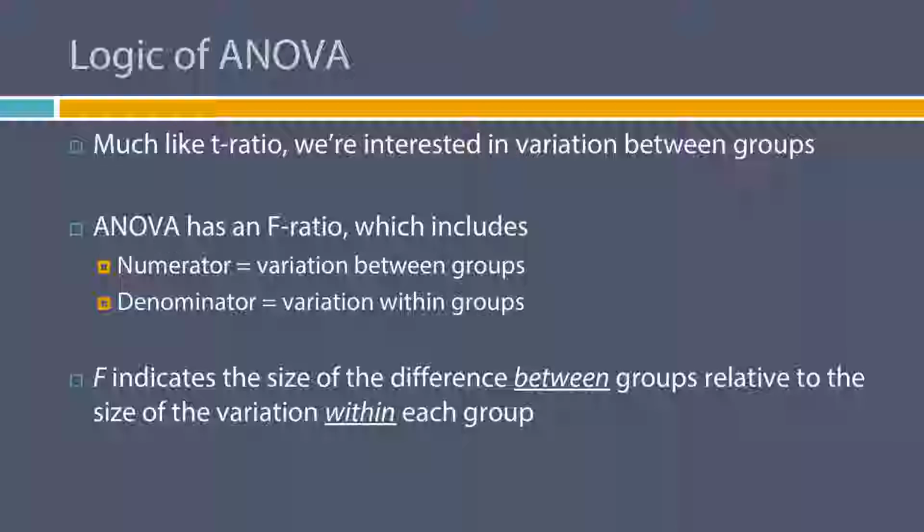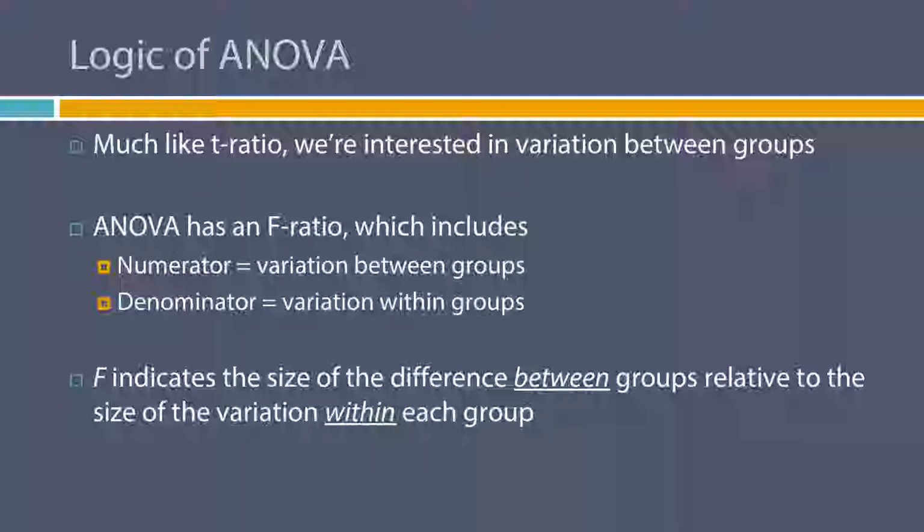So the t-test has this thing called a t-ratio or a t-score. We have z-scores, then we recalculate the standard deviation in the denominator and we come up with a t-score or a t-ratio. And then now we have ANOVA that's looking at more than two groups. So now in ANOVA we have this new number called an F-ratio. And in the numerator, much like the t-test, the numerator is the variation between groups, the denominator is variation within groups.